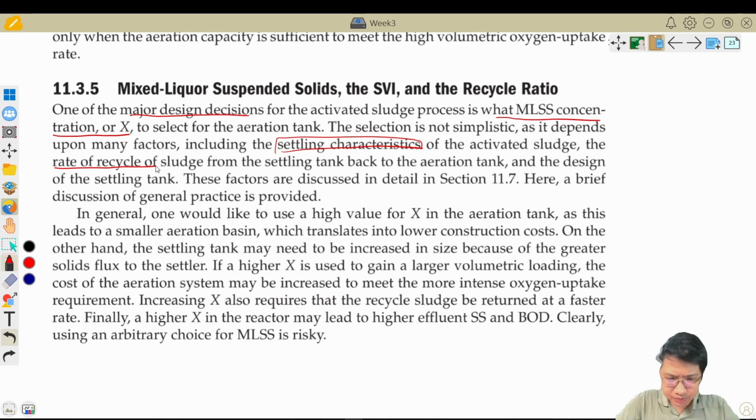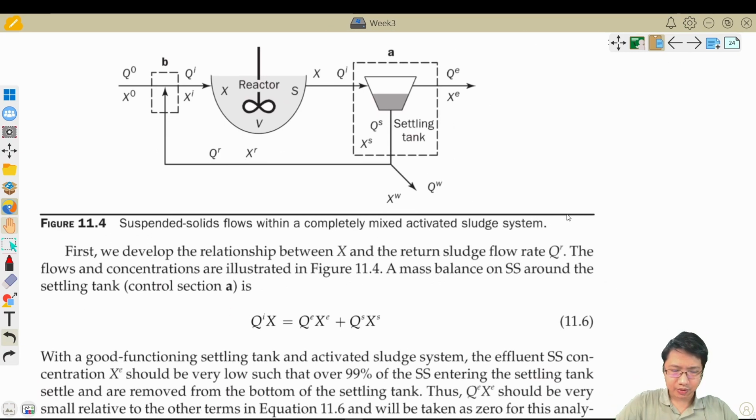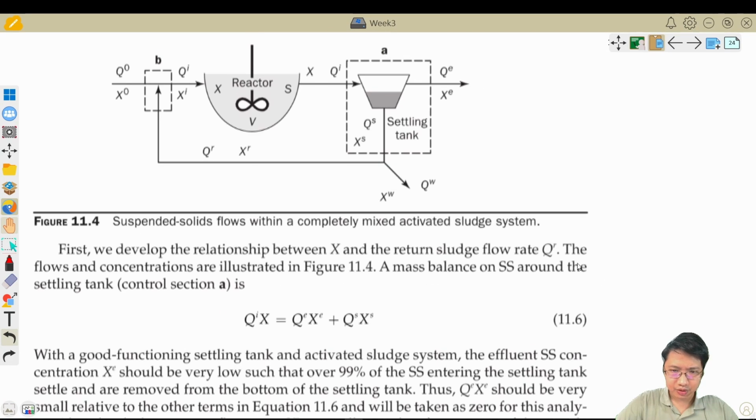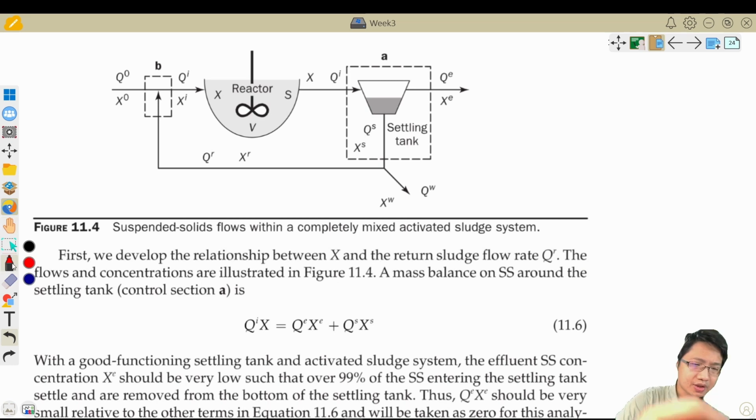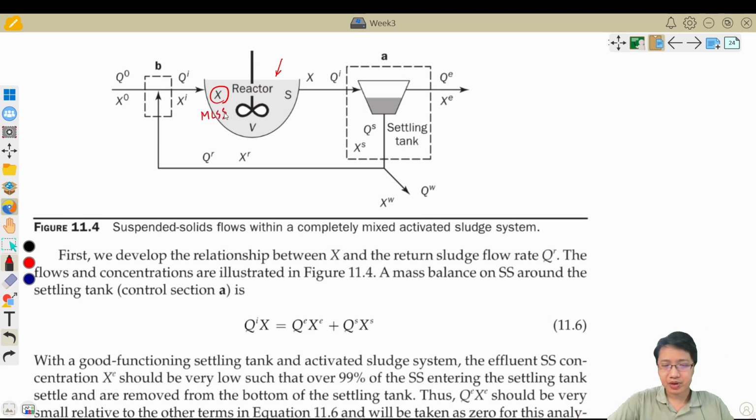So we can look at the balancing of our reactors here. If we want to determine this, your reactor has your biomass concentration as your MLSS, and you will have the settling sludge concentration.